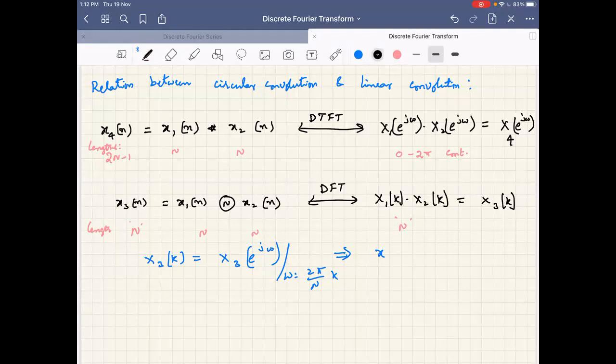Hence I will interchangeably be writing X4 or X3 of e power j omega. If I take the discrete Fourier transform of x4, I will get X4. So I define X3 of k as sampling this X4, rather than X3. I can define it like this, right?